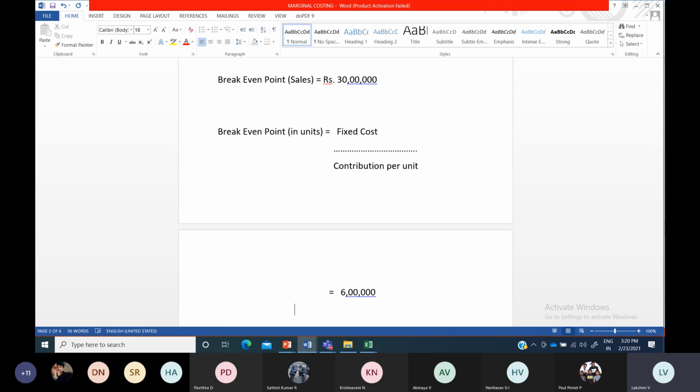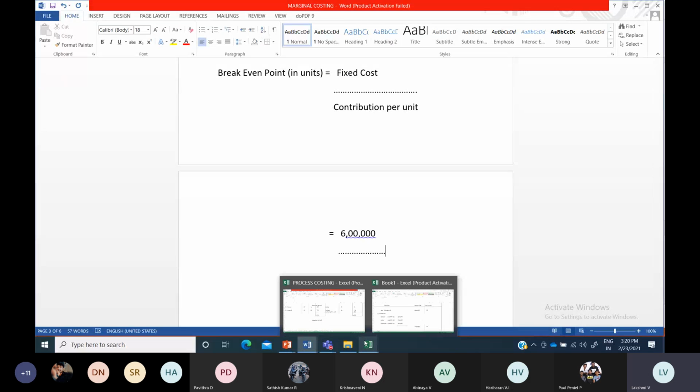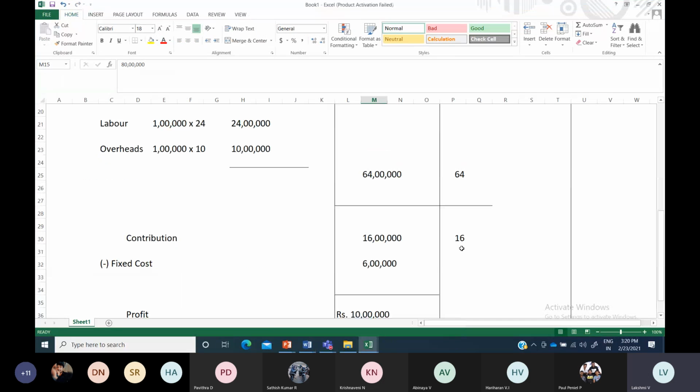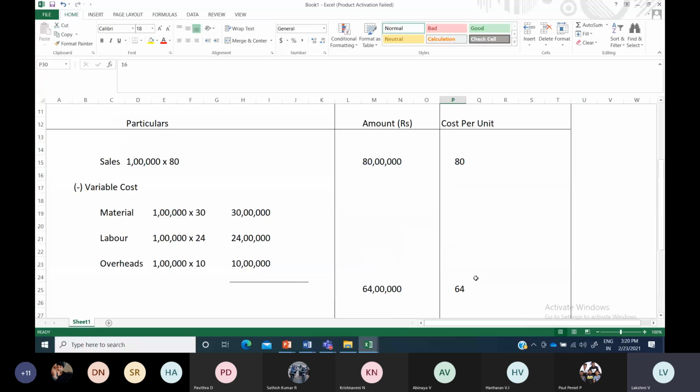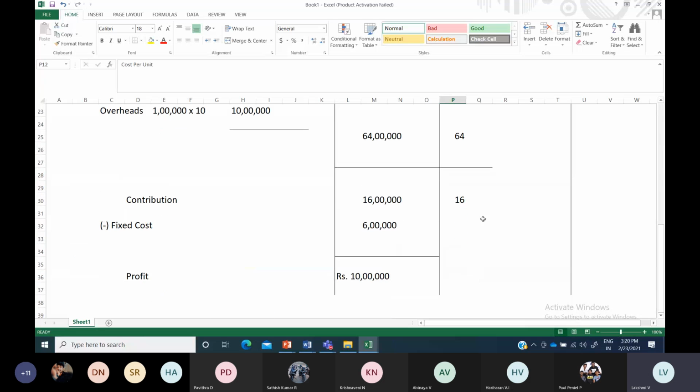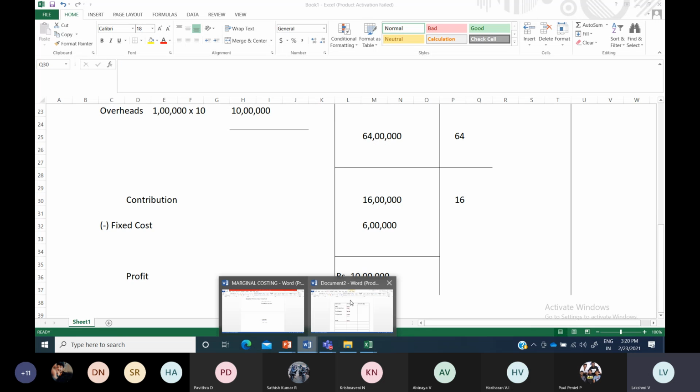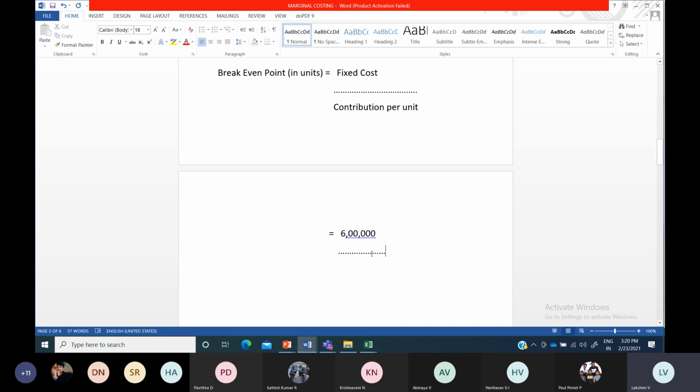Contribution, if you see, you have to take per unit, not the amount. Okay, so per unit contribution is 16. See the cost per unit column: contribution per unit means the 16 rupees only you have to take, not the 16 lakh. So that will be your contribution per unit.